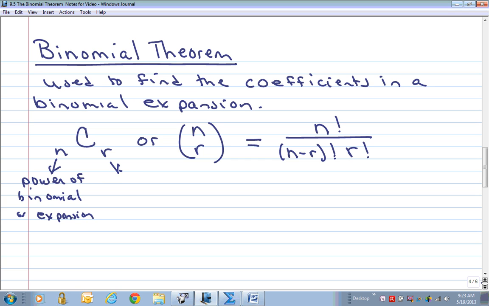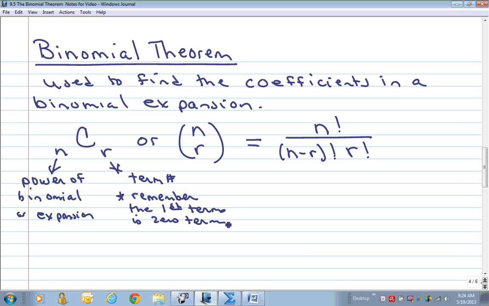The r is the term number. But remember, we must know that the first term is called the zero term.